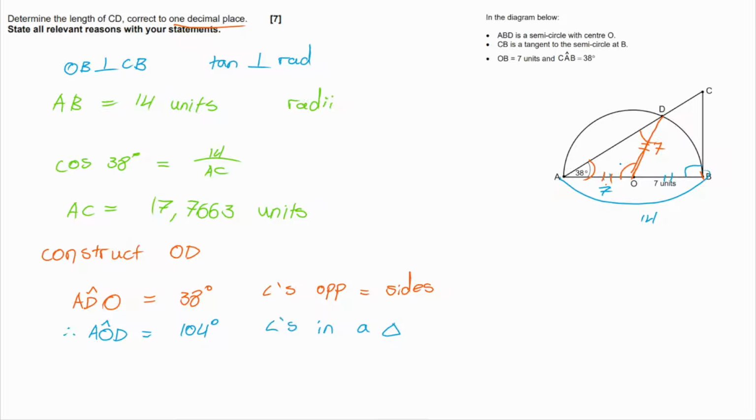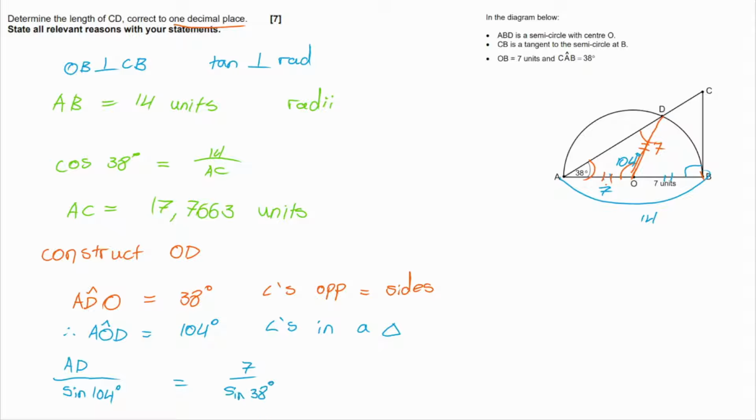So this is 104. What we can do now is the sine rule. So we're going to say AD over sine 104 is equal to, and we can use whatever, let's use 7, so it's going to be 7 over sine 38.